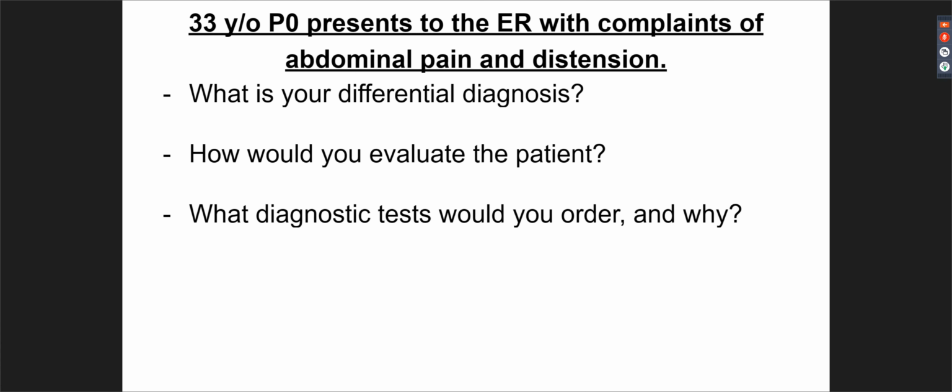What diagnostic tests would you order and why? I would first start with a urine beta HCG pregnancy test to rule out pregnancy. I then would complete some basic laboratory evaluations, including a CBC to evaluate for any leukocytosis, as well as a urinalysis to rule out any signs of urinary tract infection.